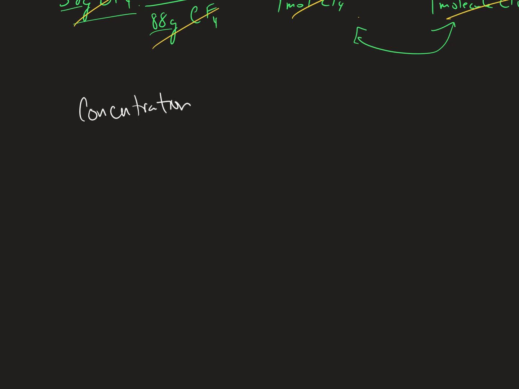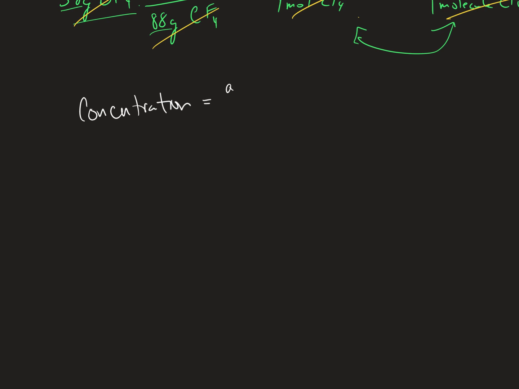I'm going to just give you an equation rather than a definition. Is that okay? Because I feel like this is more useful. And this is the equation for concentration no matter what unit we're talking about. This is how you calculate concentration.